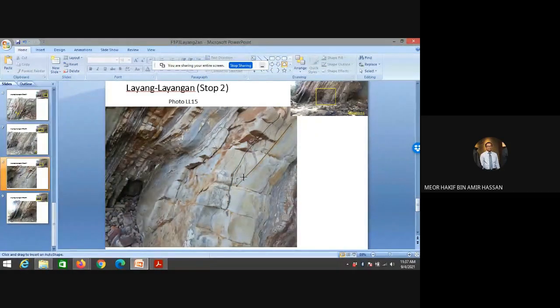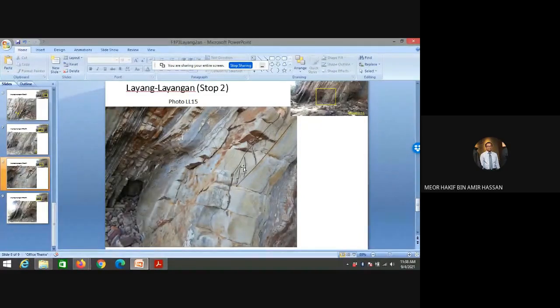Then you have the cross stratification. That's why we do sketches, it becomes clearer. Then there should be some more here. Look carefully. I'm just doing it very fast here.